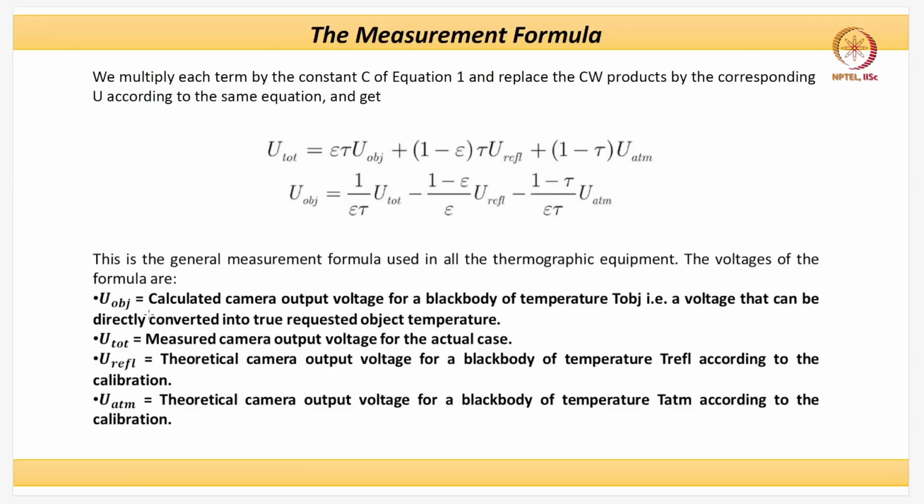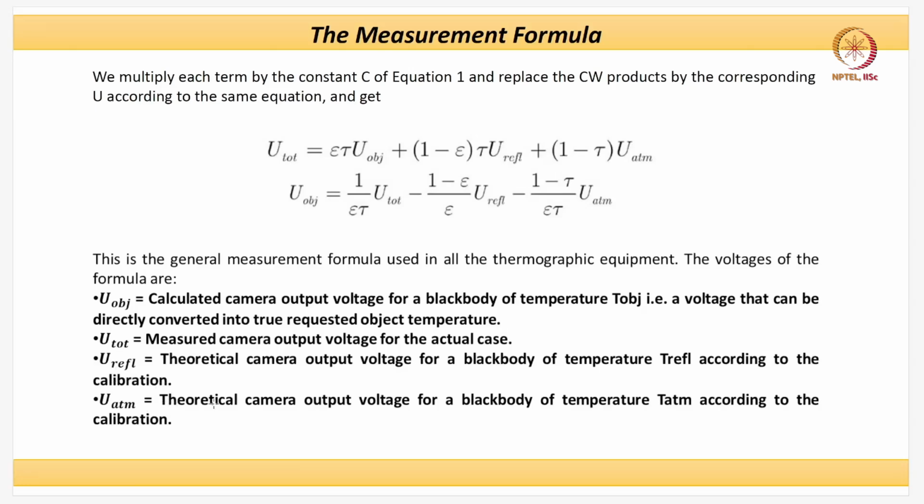The variables of the formula are as follows. U object is a calculated camera output voltage for a black body of temperature T object, a voltage that can be directly converted into the requested object temperature. U total is the measured camera output voltage for the actual case. U reflectance is the theoretical camera output voltage for a black body of temperature T reflection according to the calibration.